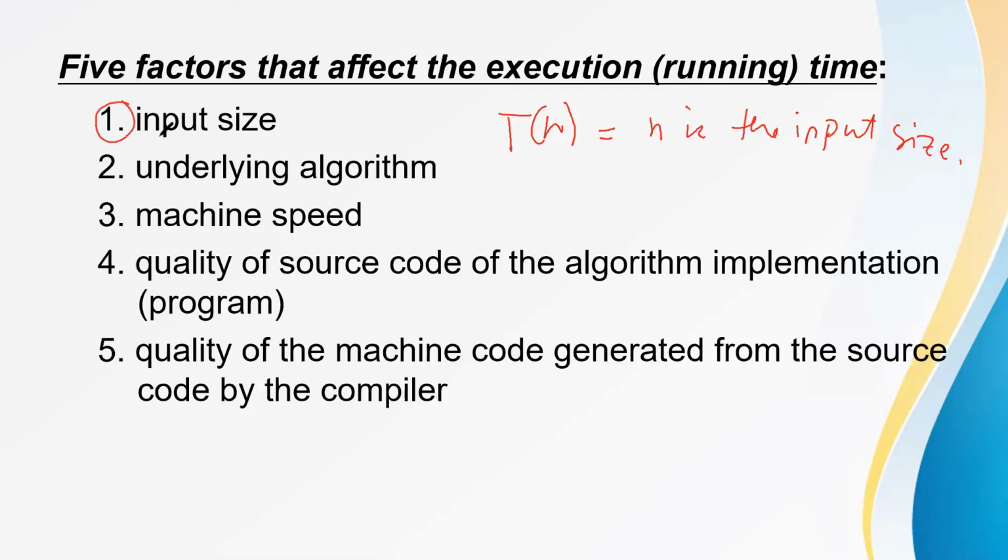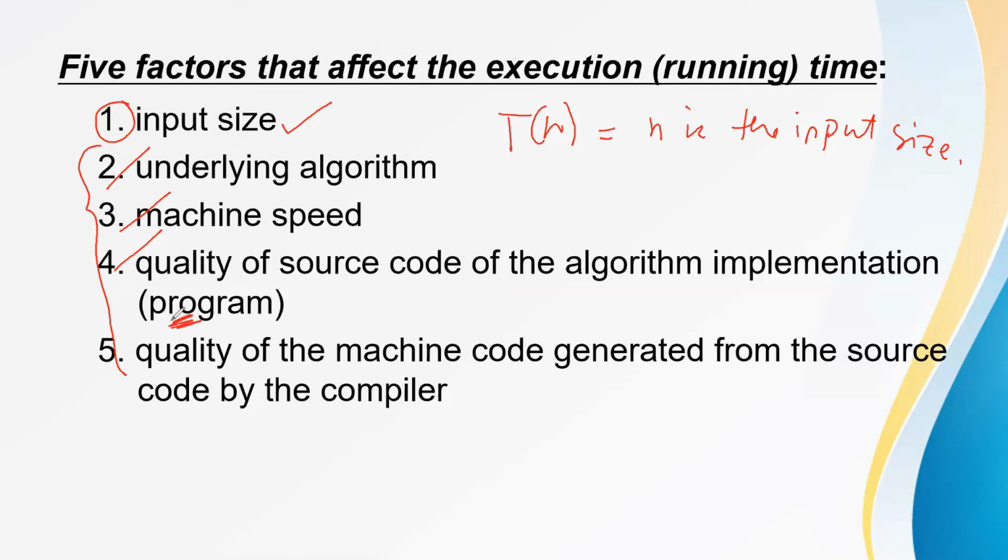The primary one is the input size, okay? But there are still other factors, okay? And these are the second, underlying algorithm, third, the machine speed or the computer's hardware, the speed of the processor of the computer being used, and number 4 is the quality of source code of the algorithm implementation or the program, okay?